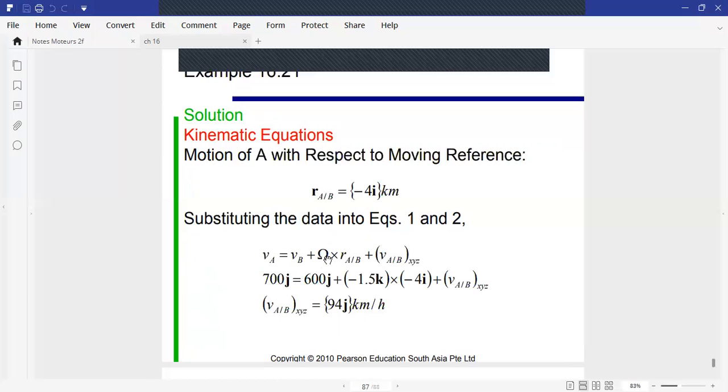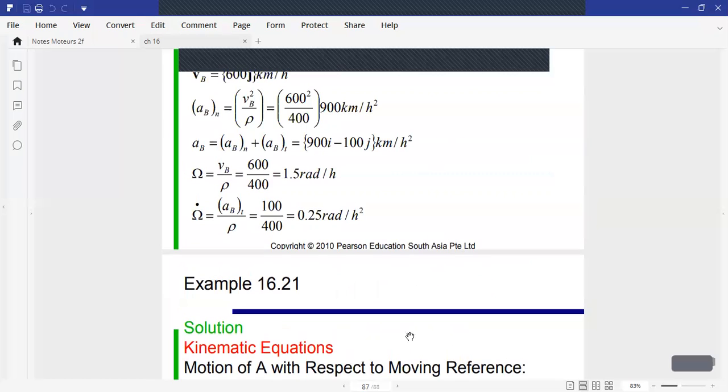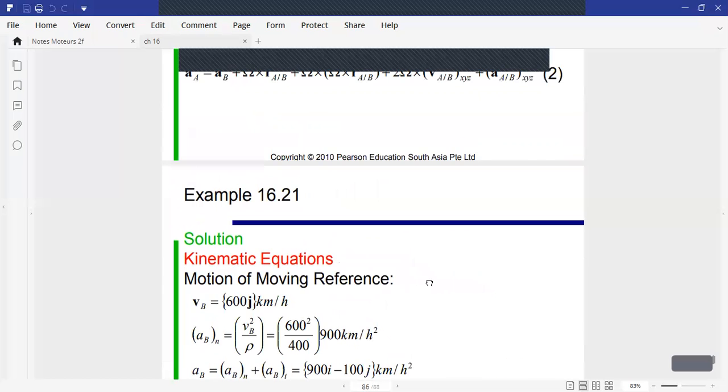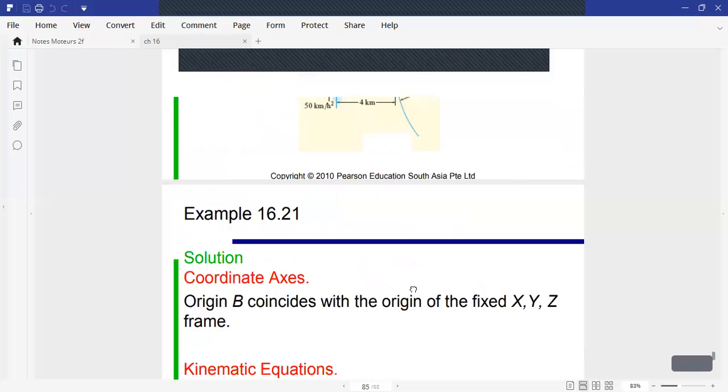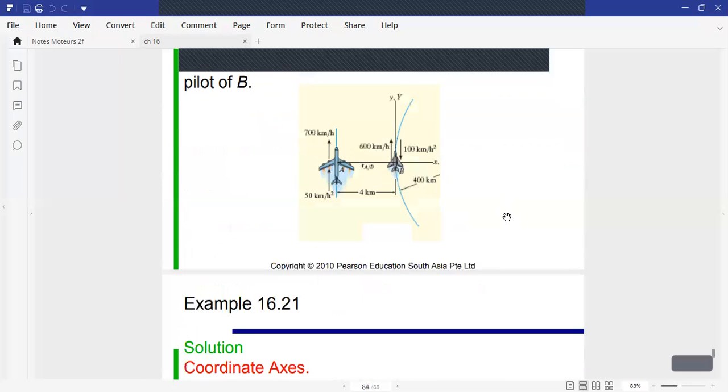Now alpha, I calculated alpha. It's minus 1.5 K. Now look for the sign. How do I know if it's minus or plus? Who can tell me? I go from the right hand rule. I go back to the figure here. Look, your airplane, the velocity is upward.